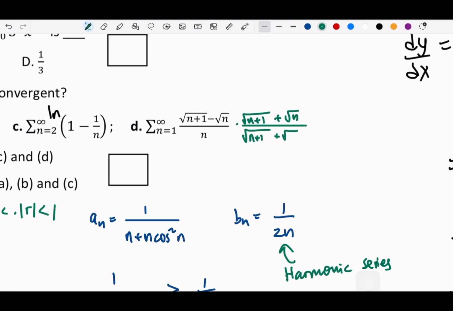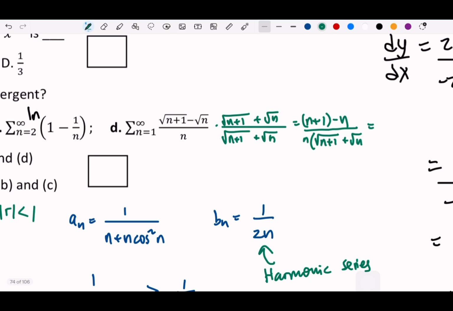This helps give clear observations. So we have n plus 1 minus n, and so we have 1 over this, right?